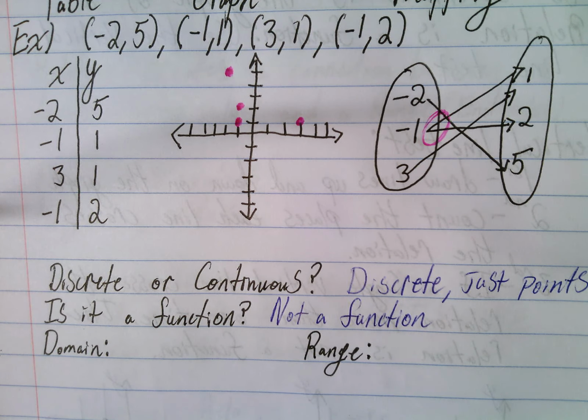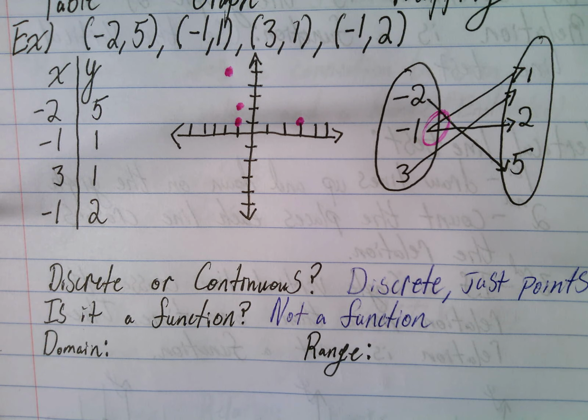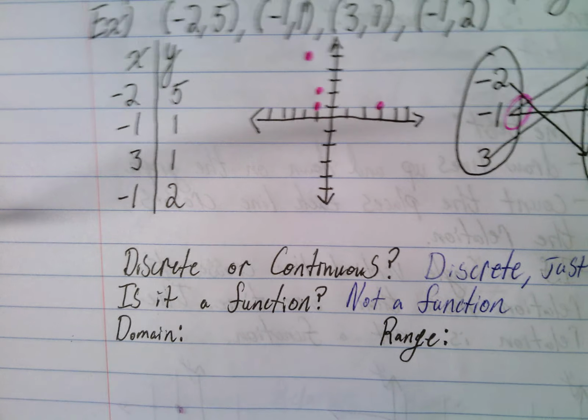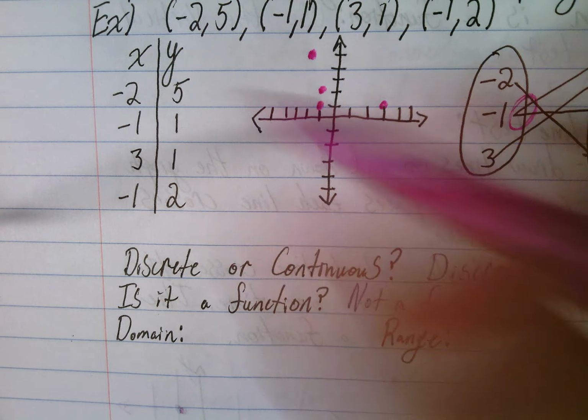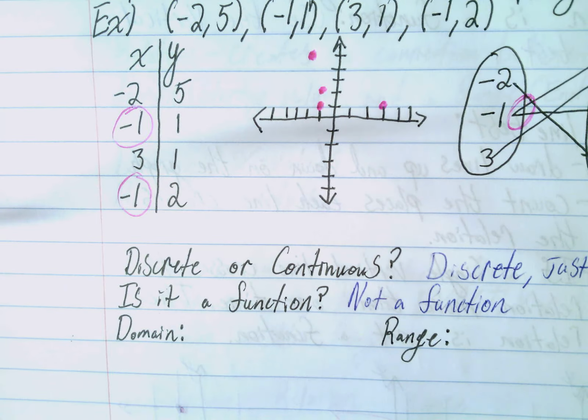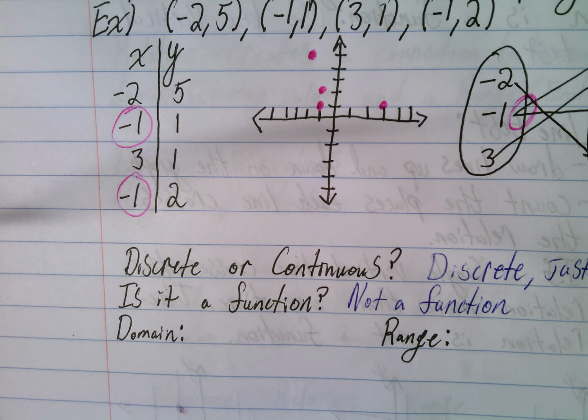How else would we know it's not a function? If we wanted to use something different other than mapping, Cameron. Yep, on the x values here, negative 1 appears twice. So that would tell us it's not a function.